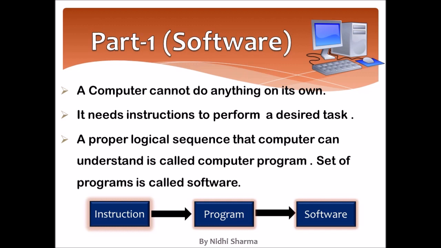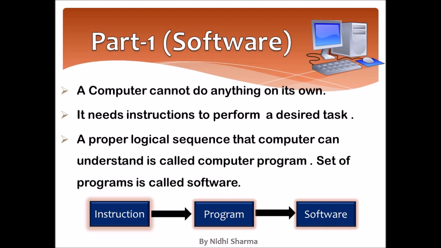So the first instruction of taking a number is an instruction. A single step is known as an instruction. The whole process of doing addition is known as a program. So one program is addition, the second is subtraction, the third is multiplication, and the fourth is division. With a combination of these programs, plus, minus, multiply and divide, we can form a calculator. So a calculator is known as software in computers.